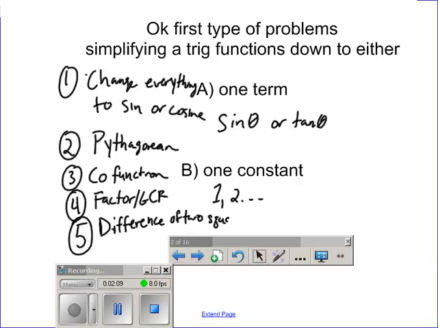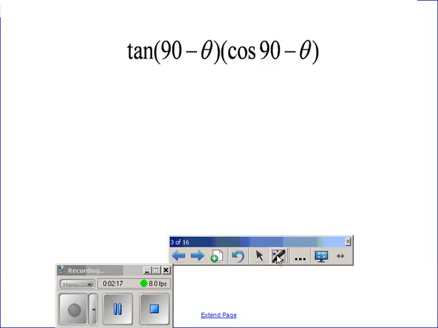All right, so now if we have these 5 down, we know what they are, we can start to use them. Let's look at this problem here. This is one of those cofunction identities, knowing that tangent of 90 minus theta is the same thing as cotangent of theta.